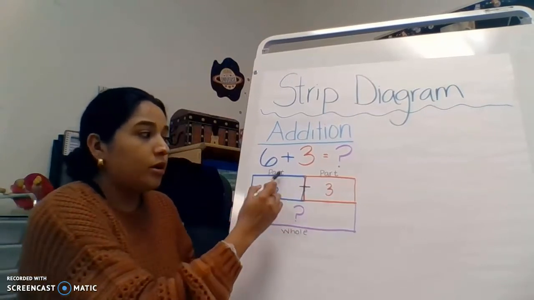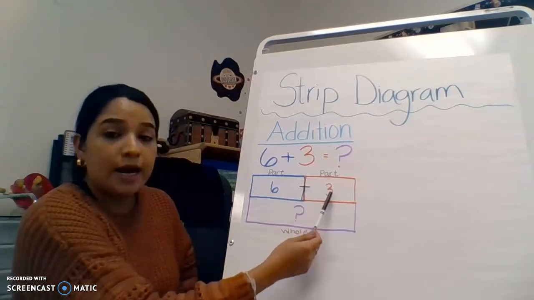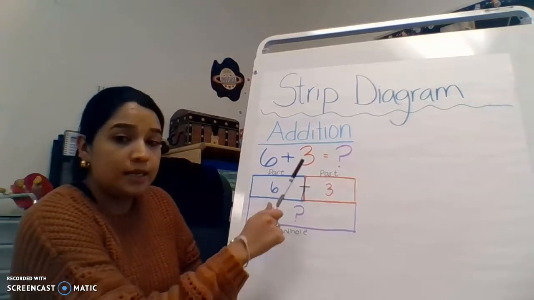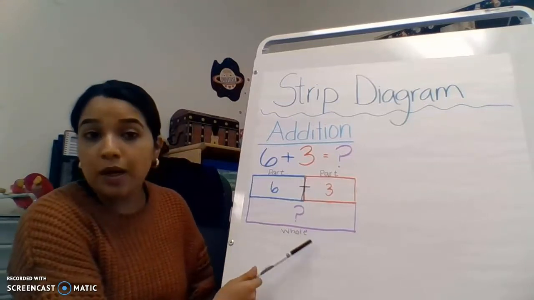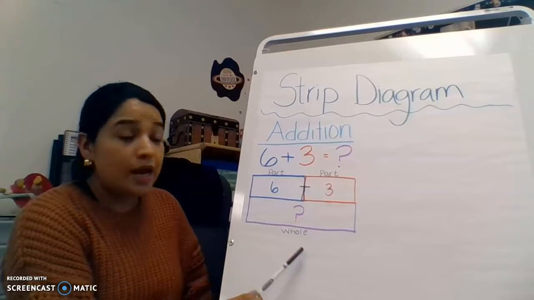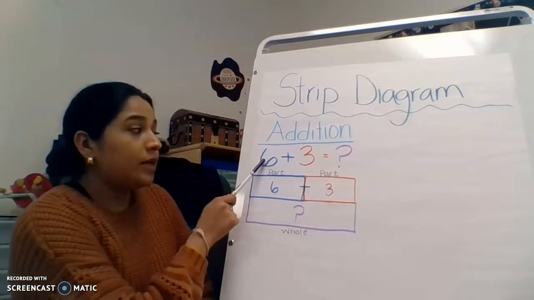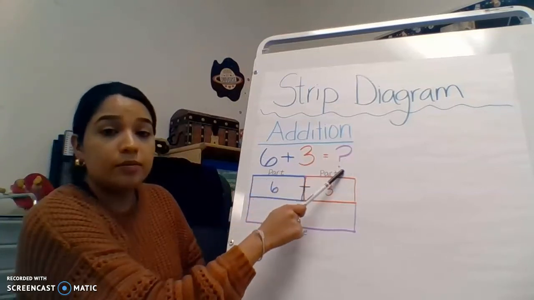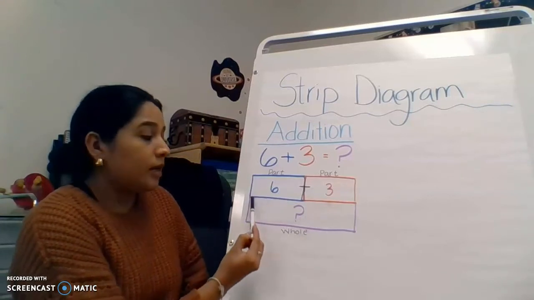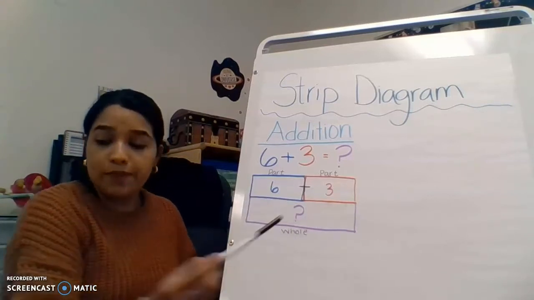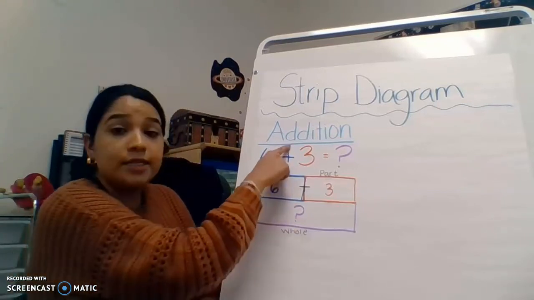So we have our part, which equals our whole because we are adding the part. So if we add 6 plus 3, we are able to get, how many birds did we have in total? 9. We are able to get our whole. So this is 6 plus 3 equals how much we have. And then 6 plus 3 can get us our whole. So this is our strip diagram for our addition problem.